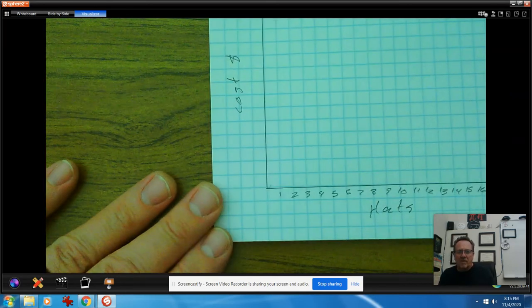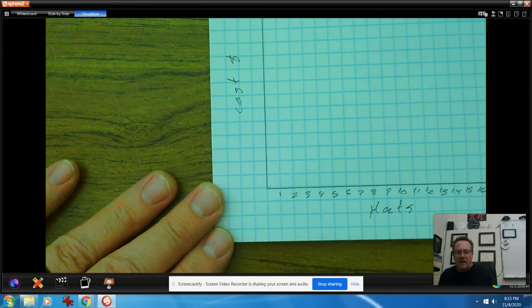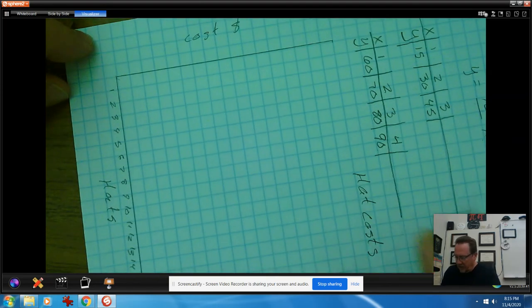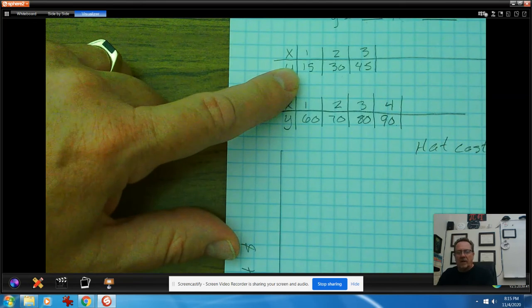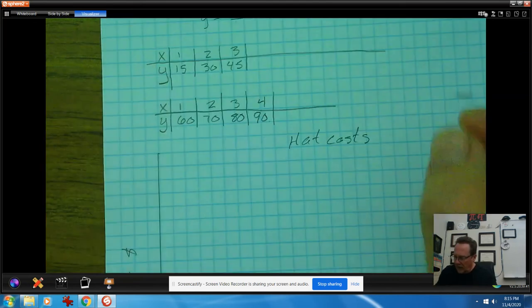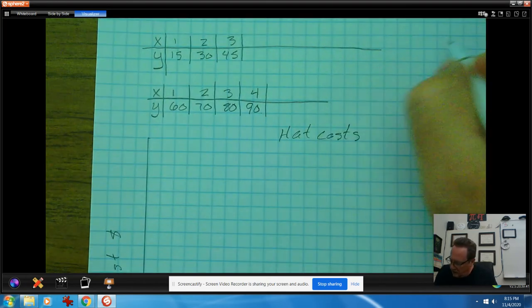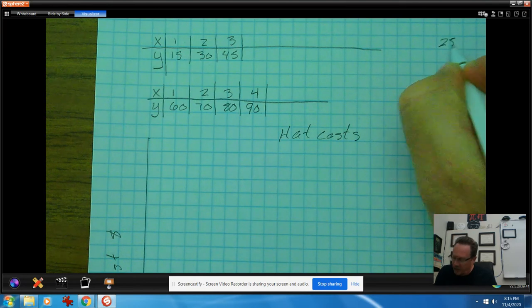That wouldn't make much sense, would it? Our cost, and I'm just looking here, the smallest number that I need to plot is 15. I can go out here to like 25, somewhere up here is like 25.